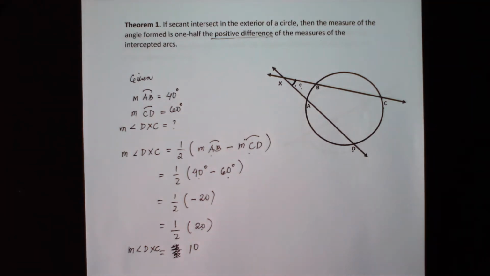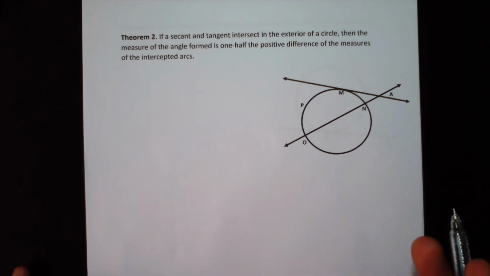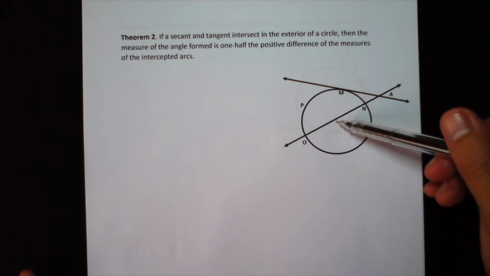Okay, can you follow? Let's have example number 2, which is theorem number 2. If a secant and a tangent intersect in the exterior of a circle, then the measure of the angle formed is 1/2 the positive difference of the measures of the intercepted arcs. A while ago we had two secants. Now we have a tangent and a secant here.